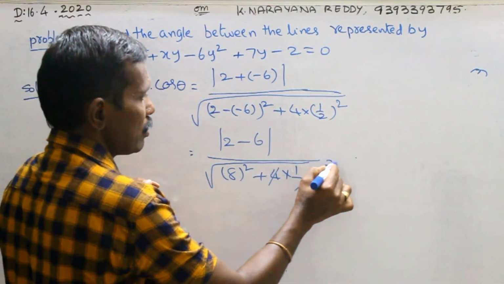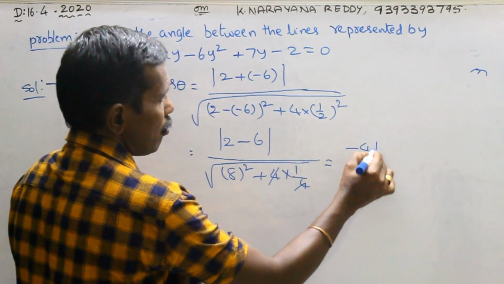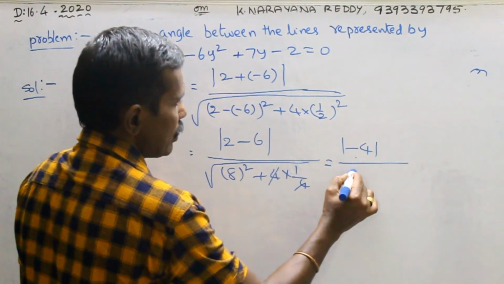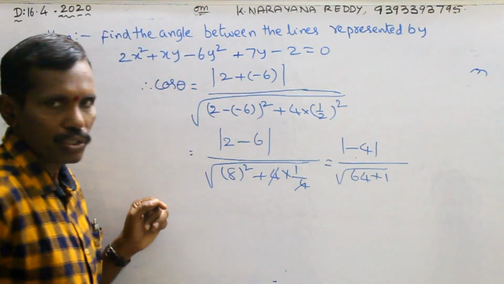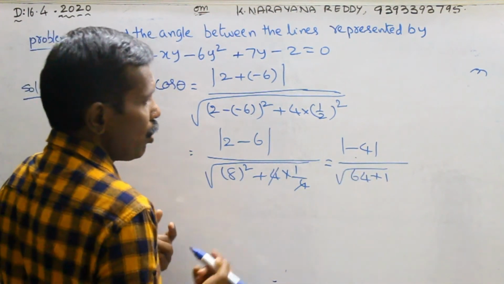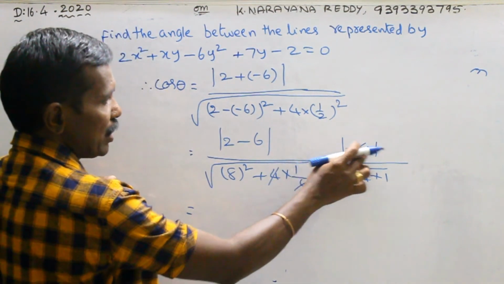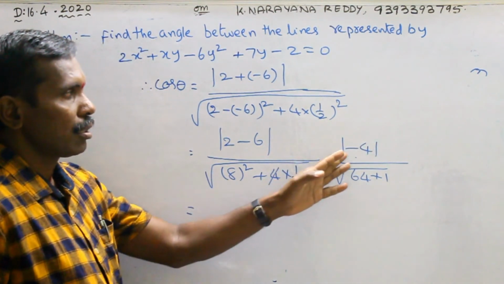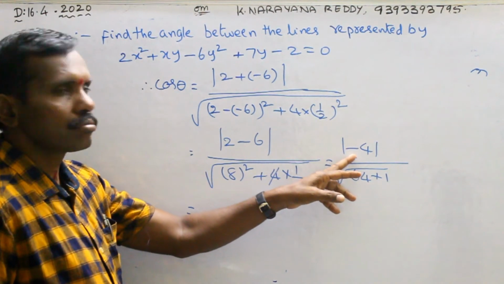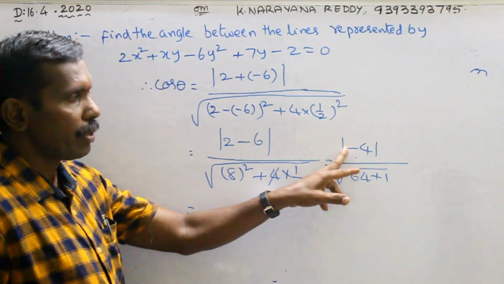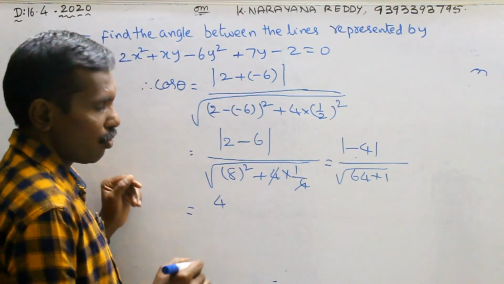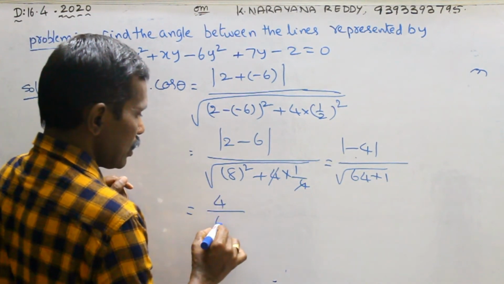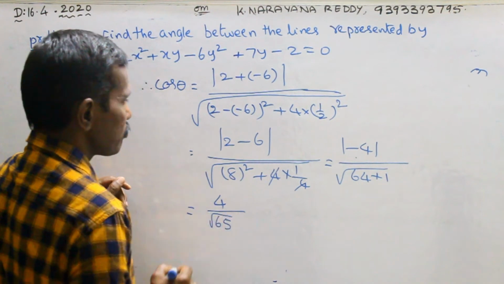The 4 gets cancelled. Minus 4 mod divided by 64 plus 1. You know, 8 square equals to 64. Now minus 4 is nothing but plus 4, the minus goes because it is mod. So it is 4 divided by root 65.